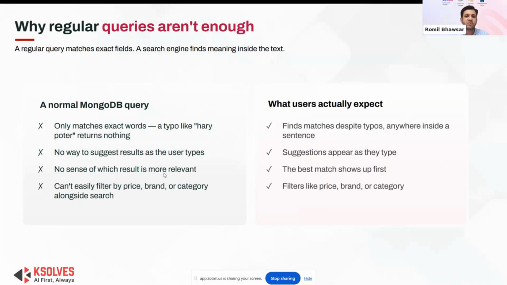And that is exactly what users expect today. That's why we need additional search engines like Elasticsearch or Solr. And these search engines are built on top of the library provided by Apache Lucene.